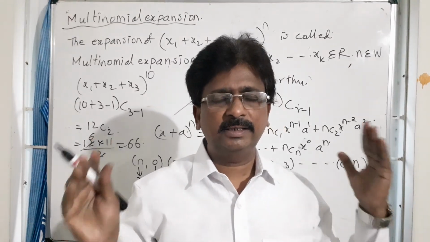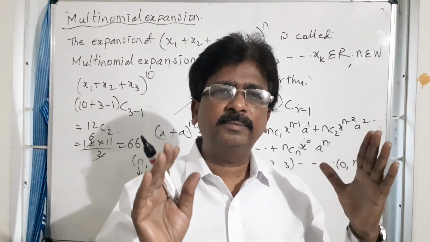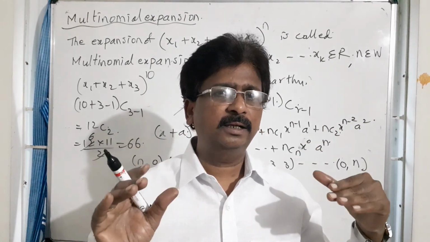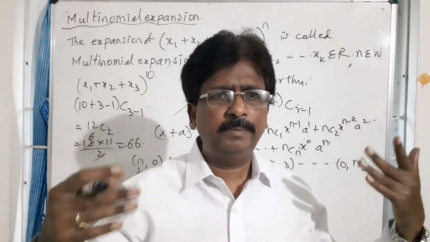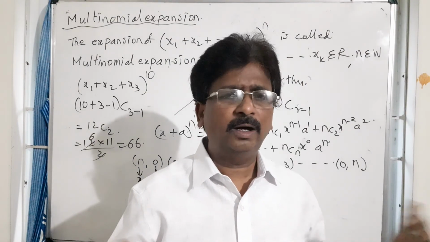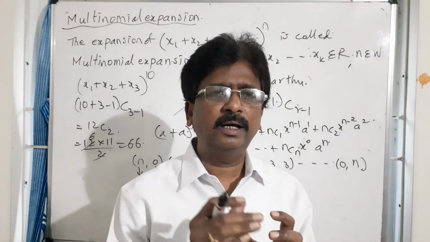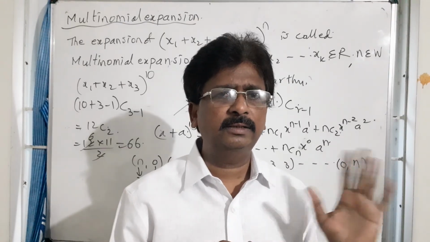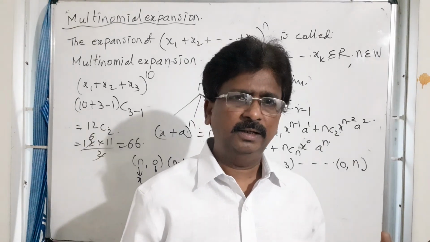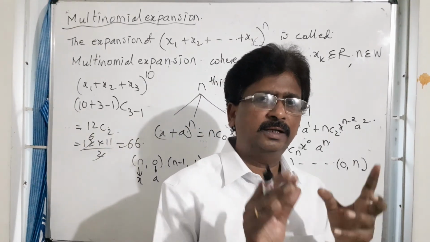In all the 66 terms, in each and every term, x1, x2, x3, everything is present. Of course, x1 power may be 0, x2 power may be 0, etc. So how can you consider the term number, first, second, third term? We cannot mention the term number.